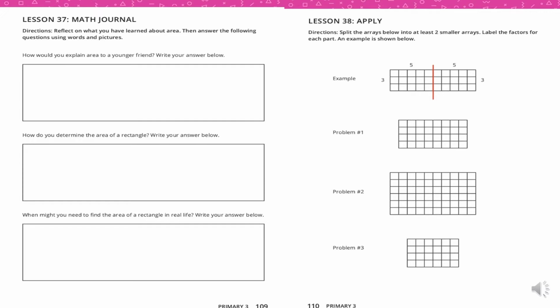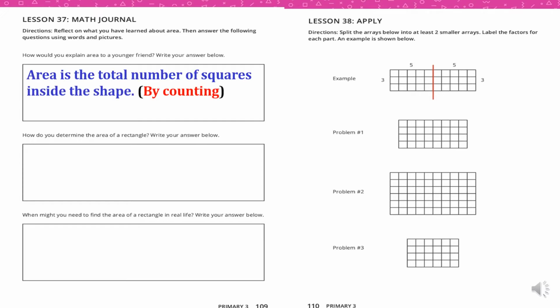If you have a younger friend or your little sister or little brother, how could you explain the area? Write your answers. If I have a younger friend, I will tell him that area is the total number of squares inside a shape, and we can find it by counting. Yeah, it's very easy for a younger friend.